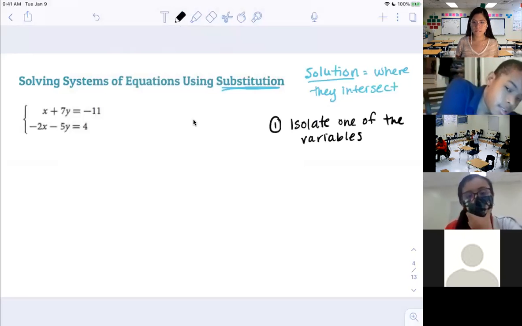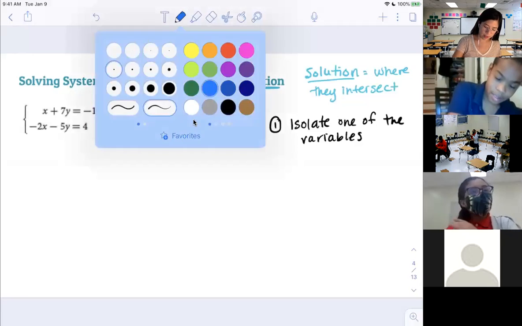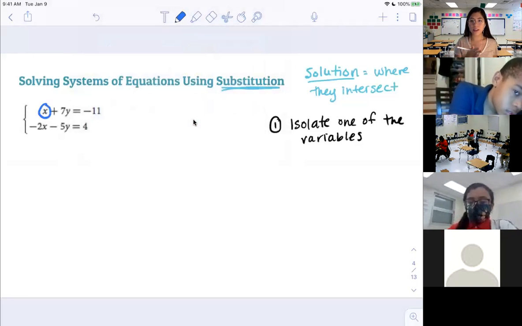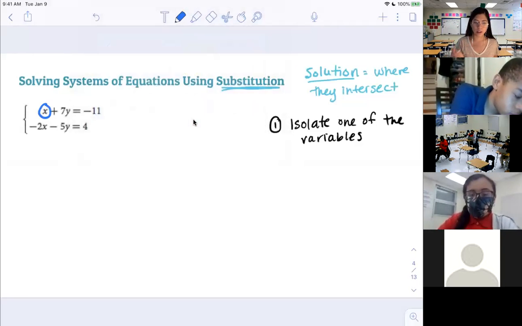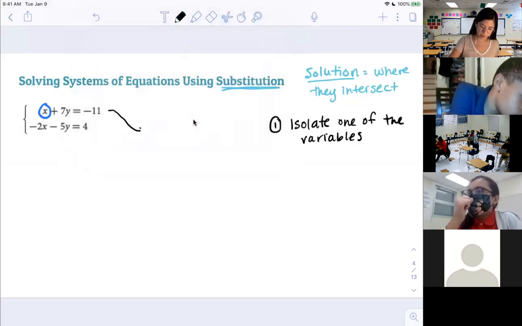X. Yeah, x. Exactly. The x is alone. It's all by itself already. I mean, it's not isolated, but it doesn't have any sort of coefficient next to it. So it's going to be easy to get that x alone. So in this equation, I'm just going to pop it out real quick.